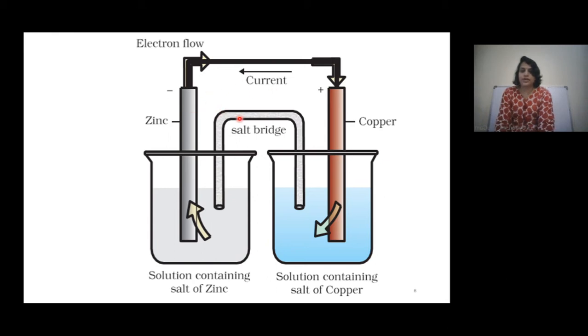When a bar of zinc is dipped in the solution of copper sulfate, the reaction is zinc plus copper sulfate giving zinc sulfate plus copper. This is an irreversible reaction. In this, zinc is oxidized to give Zn2+. Copper is reduced to give Cu atom. The electrons released in the first half cell reaction are utilized by the second half cell reaction.